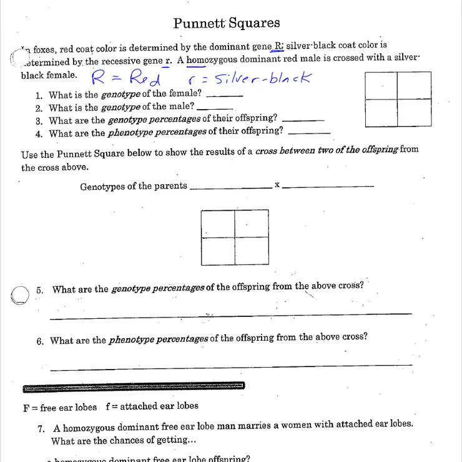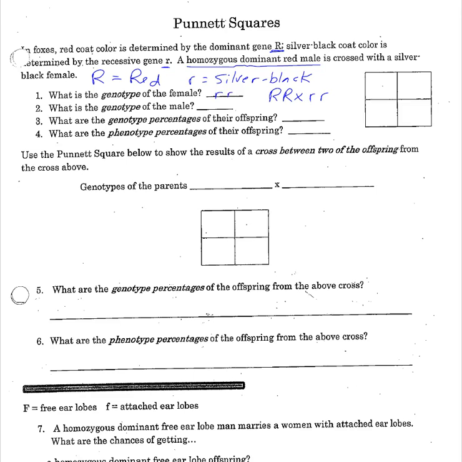So a homozygous dominant red male is crossed with a silver black female. So the parents' genotypes for this problem are homozygous dominant red, big R, and the female is little r, silver black. So what's the genotype of the female? Little r.